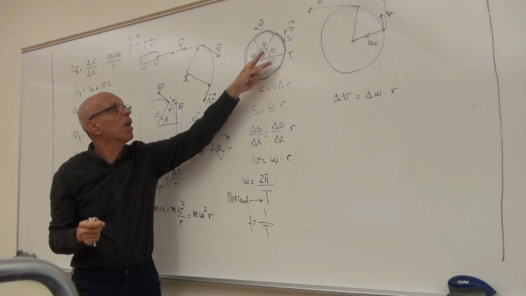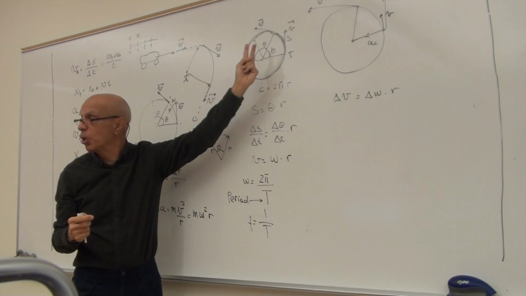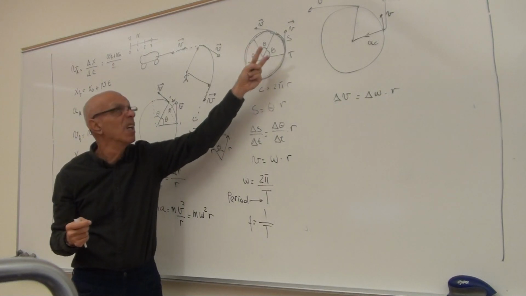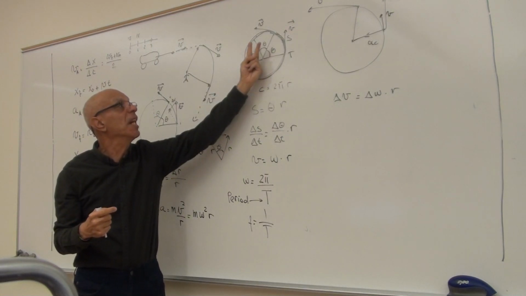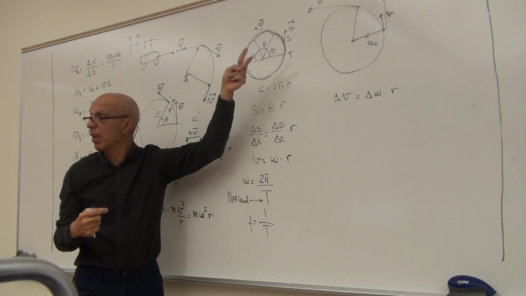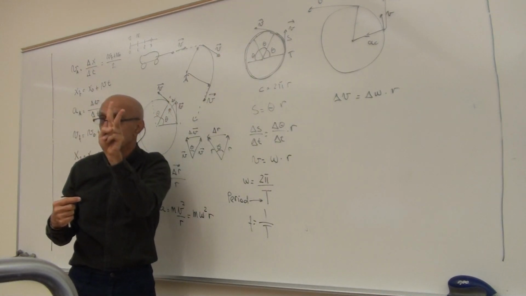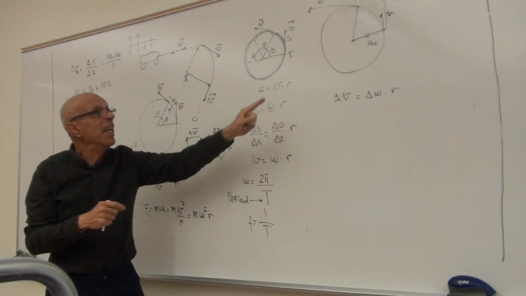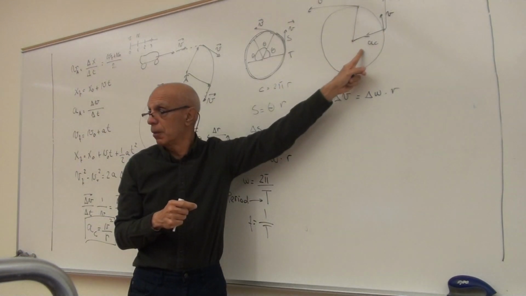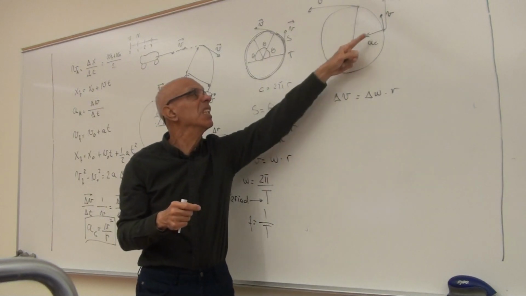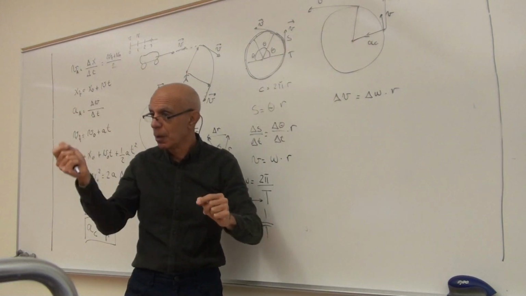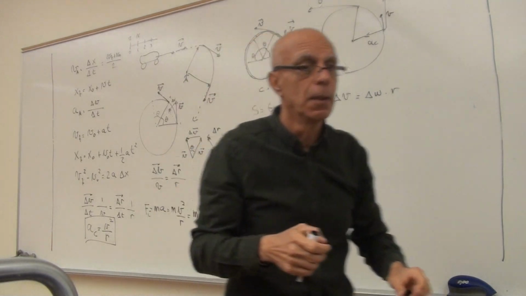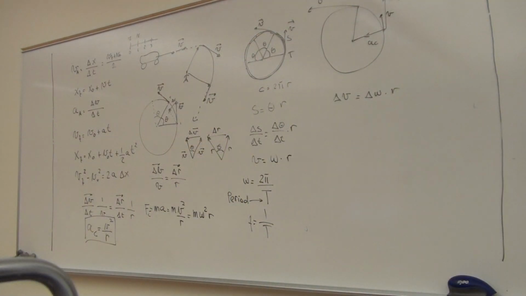Because this motion is uniform, the angle is going to be the same, 1 second, 2 seconds. The angle changes the same amount every time I take a picture. But when I have tangential acceleration, that means this thing is speeding up, going faster and faster.